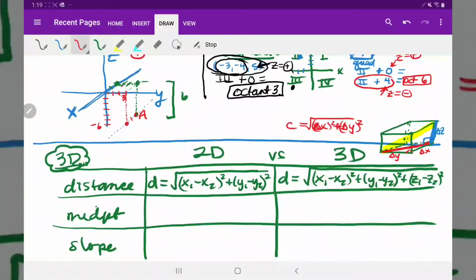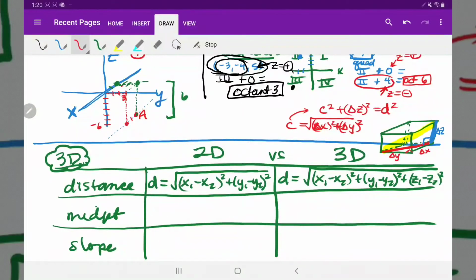Then to find the yellow, I would take the red, which I'm going to call c squared. So this is going up, and I would add to it delta z squared. That would equal my yellow squared, which is my distance squared. Now what's c squared?